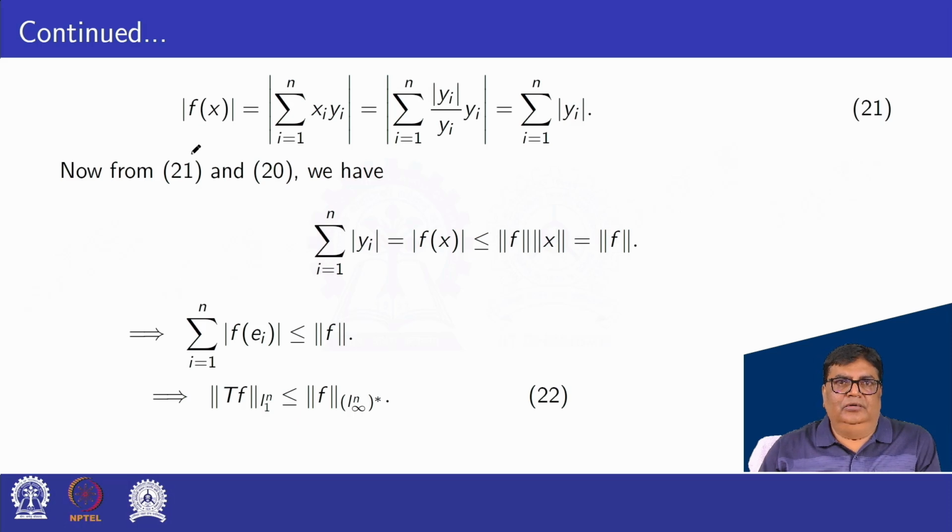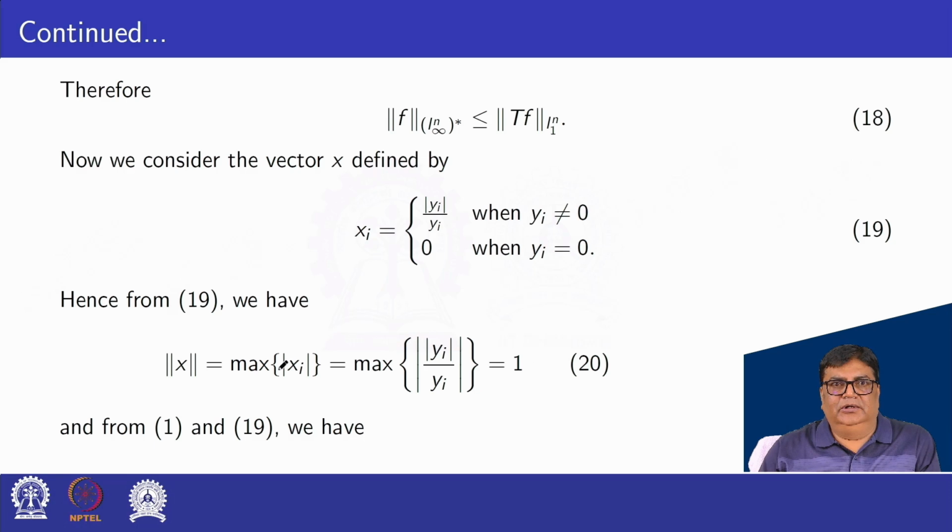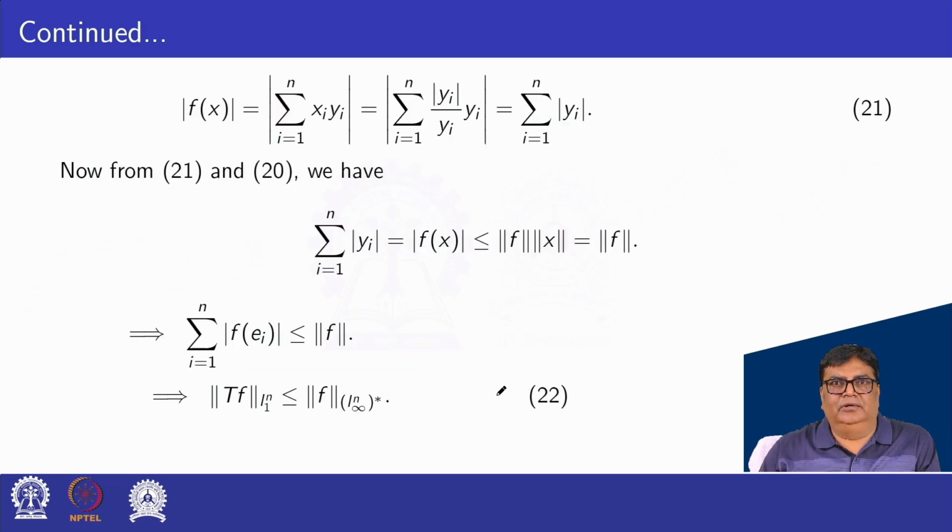So from 20 and 21, here norm x is equal to 1. So from equation 21 we have summation i is equal to 1 to n mod yi equal to mod fx. f is a linear functional, so it can be written as less or equal to norm f norm x.